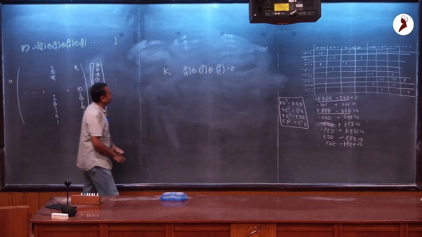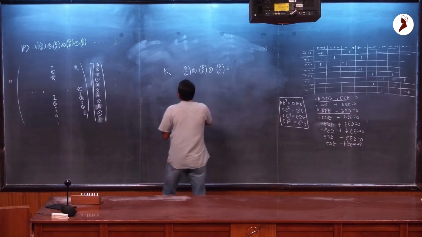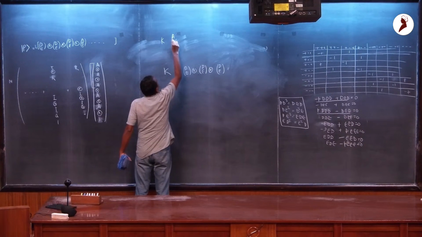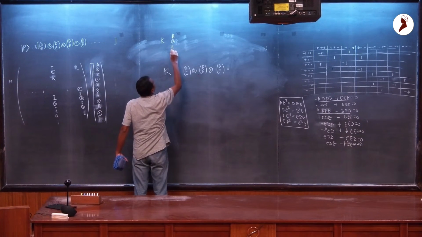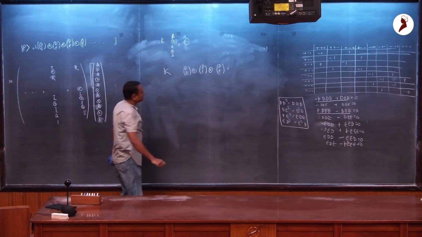Okay, so what I write is that instead of this, I mean, this is the same thing, I'm just changing the notation. So I also say that K, A cross A equal to 0 in this notation.